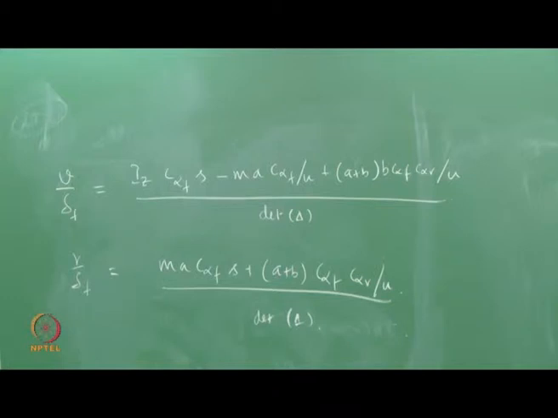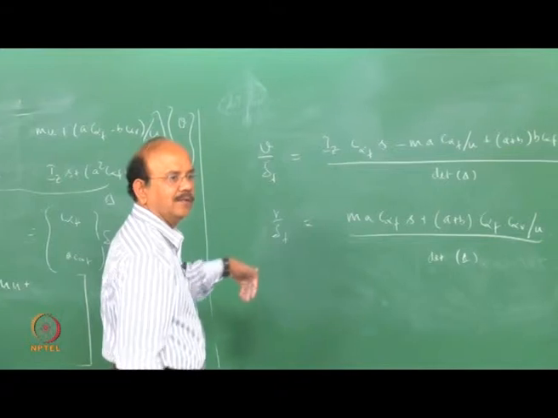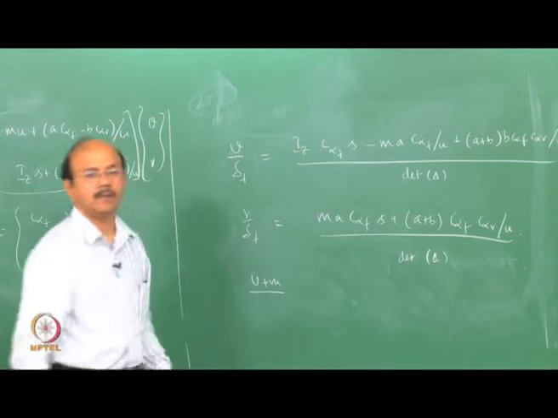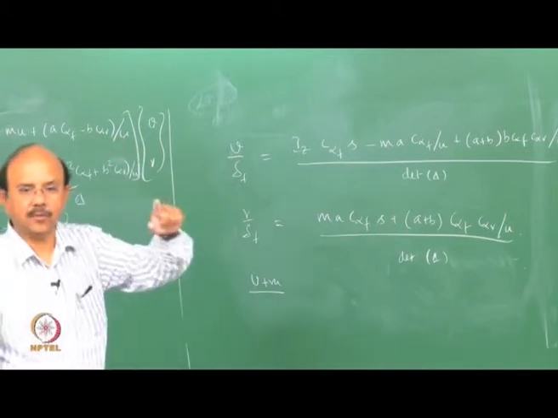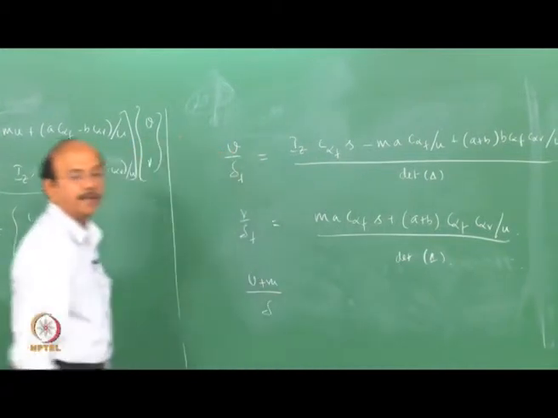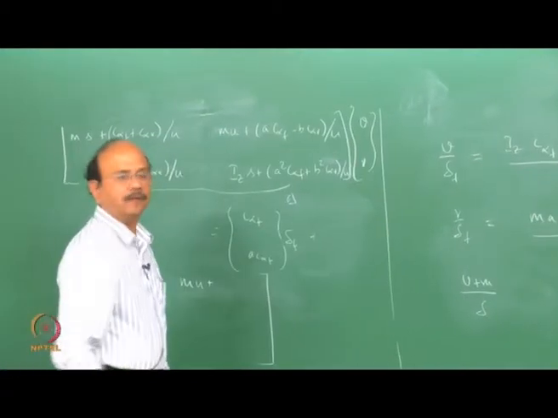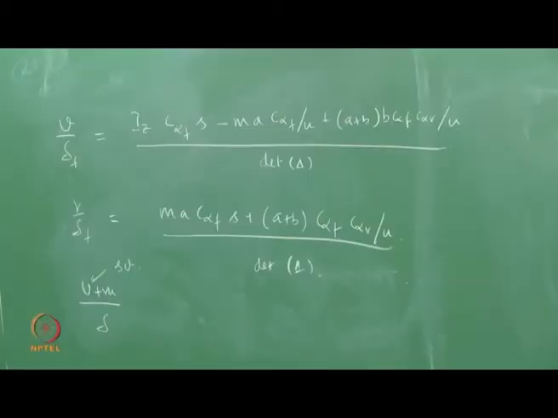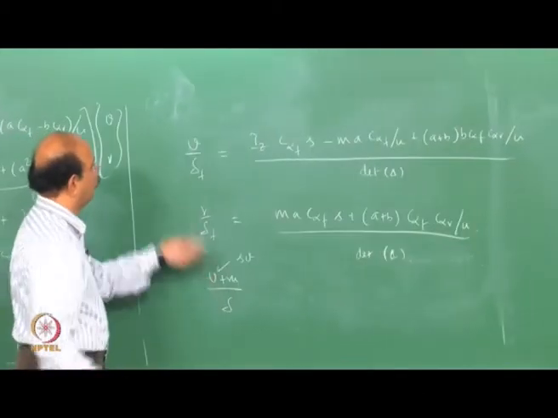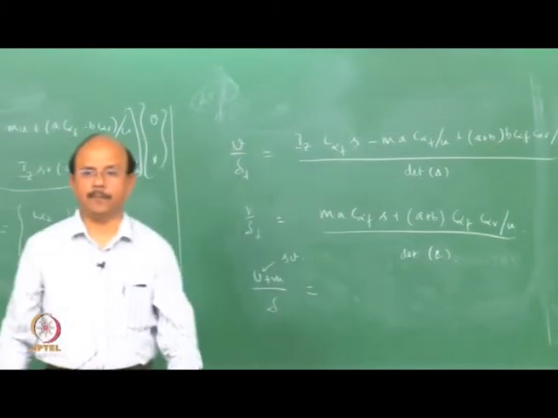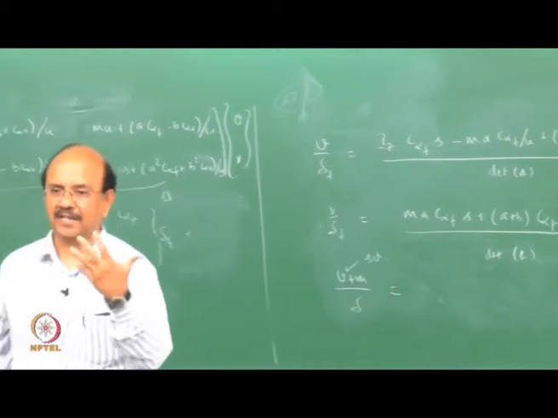Okay. Now, if I want the lateral acceleration, then V dot plus RU divided by delta F, remember that's what we had in our expression, is equal to V dot divided by delta F, and V dot is nothing but SV, right, plus RU, R I know, U, so combining these two I will get V dot plus RU, that is the lateral acceleration gain.